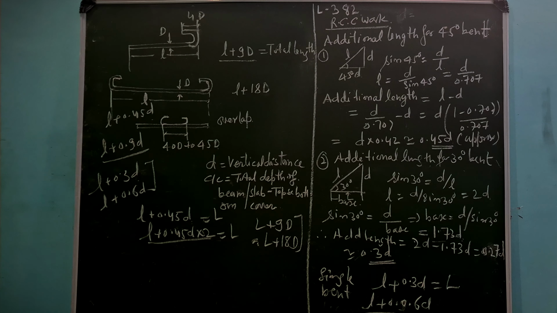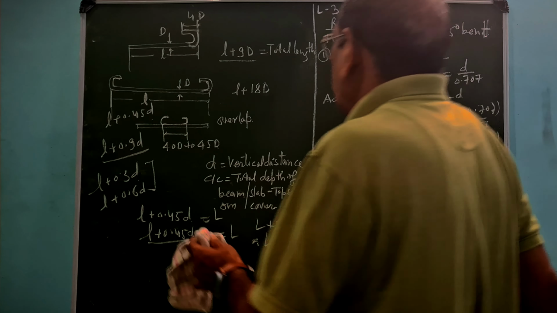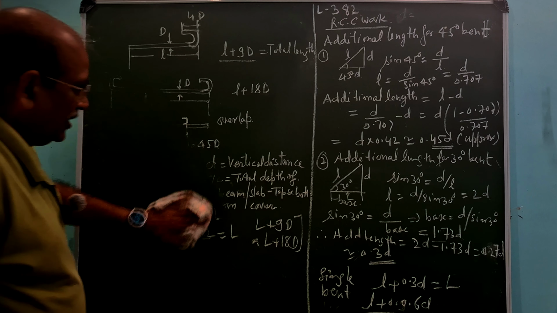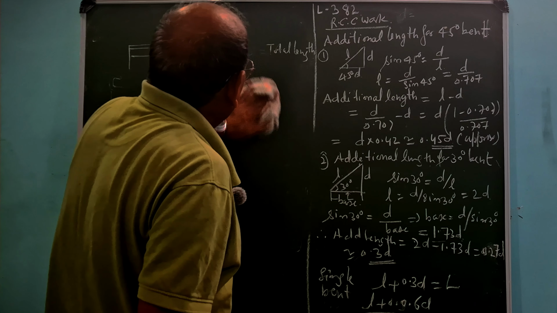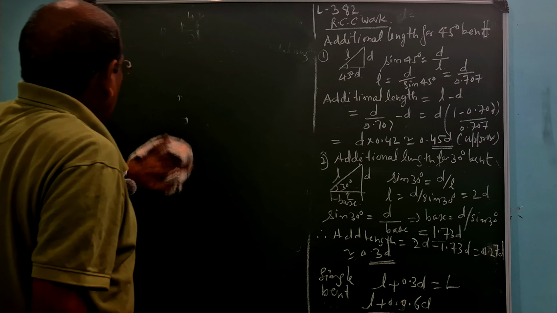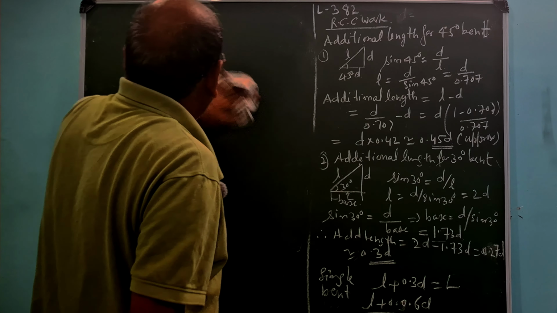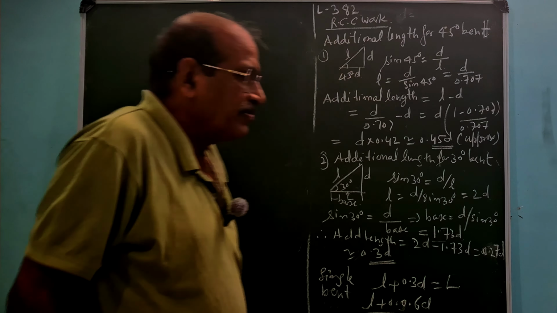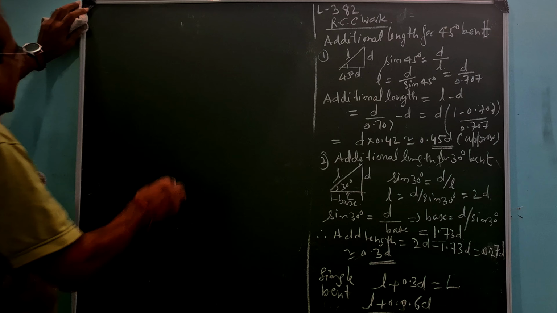Now we can start some problems on the bar bending schedule. Whatever you do in the drawing, you have to take the precaution: if you have bent at 30 or 45 degrees, extra length will be taken.